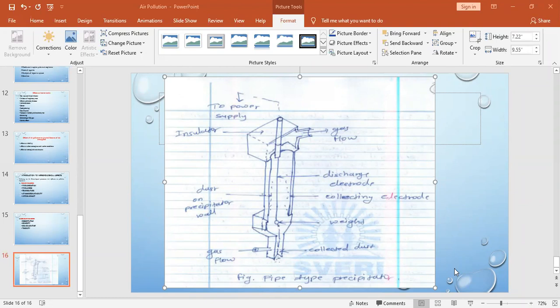And the last equipment we are going to study is the electrostatic precipitator, which is one of the efficient equipments. Its efficiency is more than 90%, almost 99.99%. Very fine particles can be controlled with the help of an electrostatic precipitator.